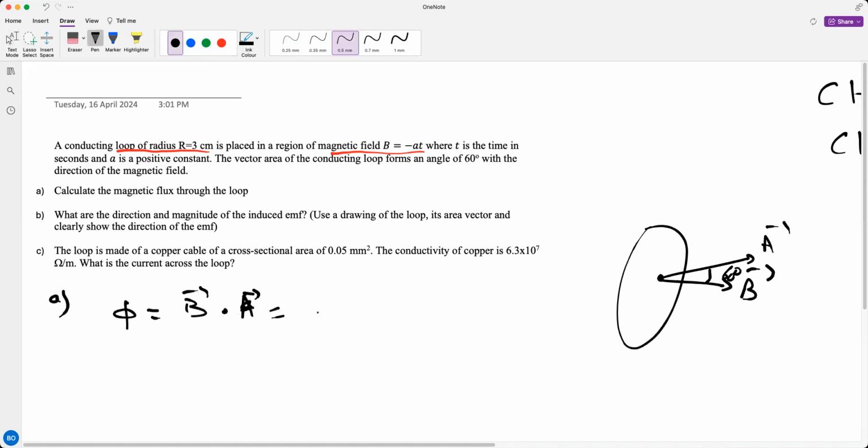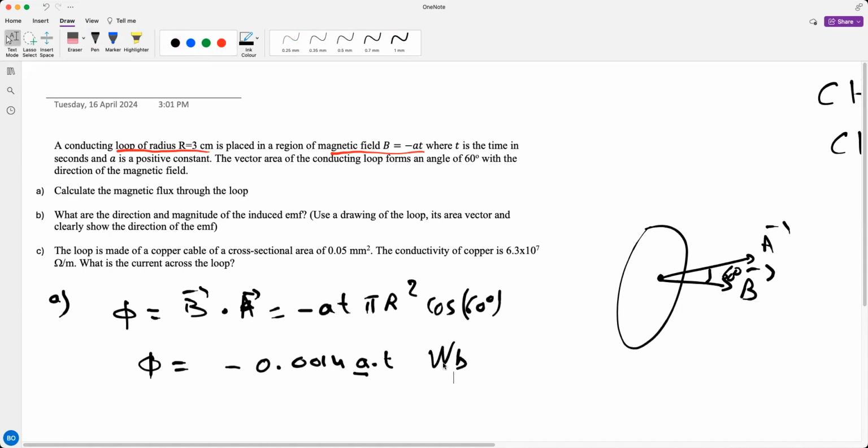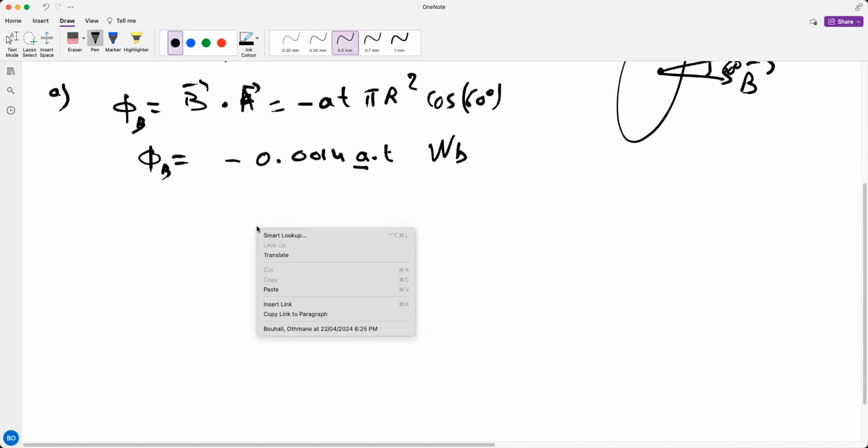So it's the magnetic field, minus At, times pi r squared, times cosine 60 degrees, which can easily be calculated as 0.014 times A times t. A is a constant, and this will be in Weber because this is magnetic flux.